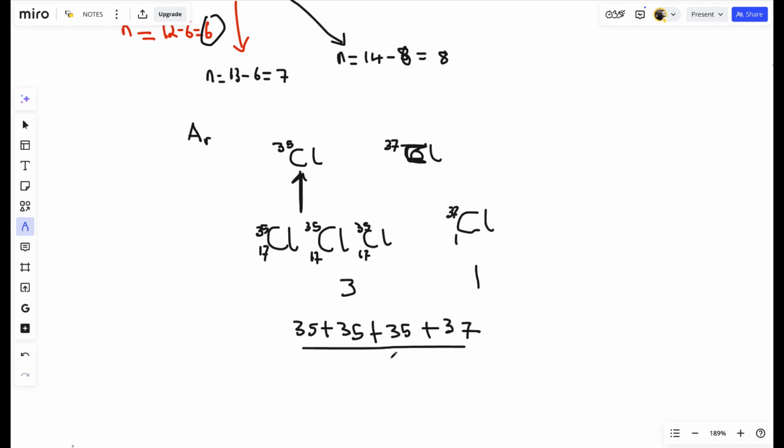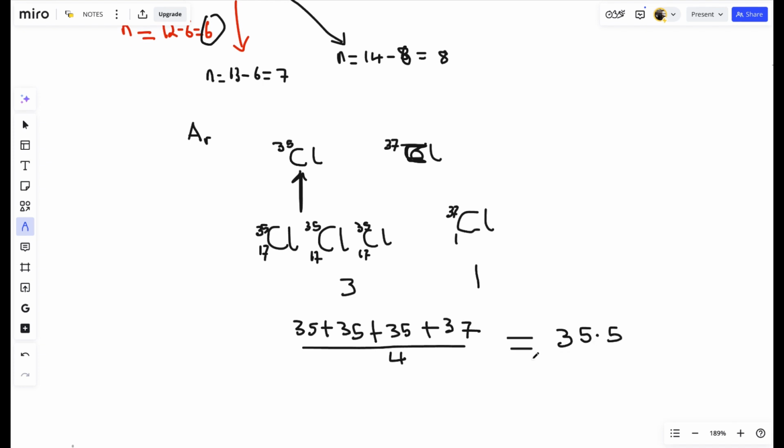Divide by 4, and we get 35.5. Remember, relative atomic mass is the average mass of the isotopes of an element compared to 1/12 of the mass of carbon-12.